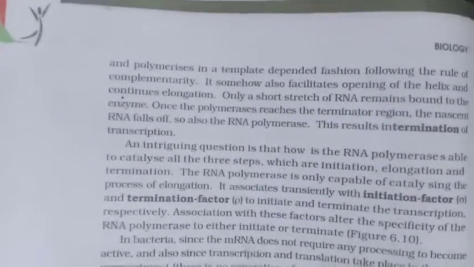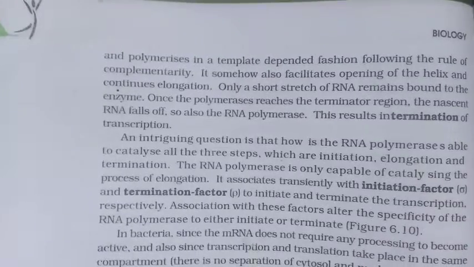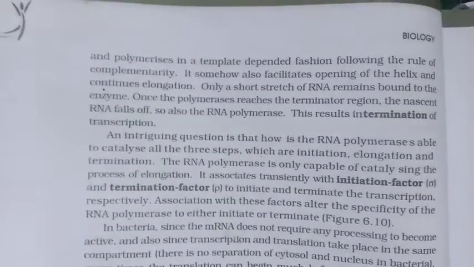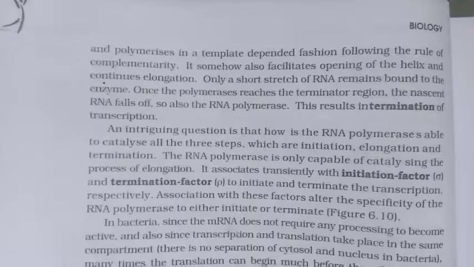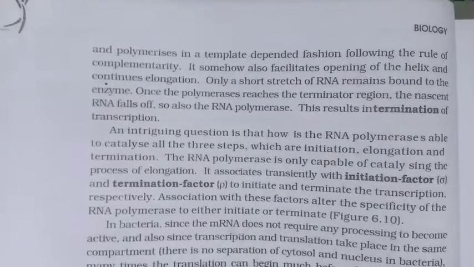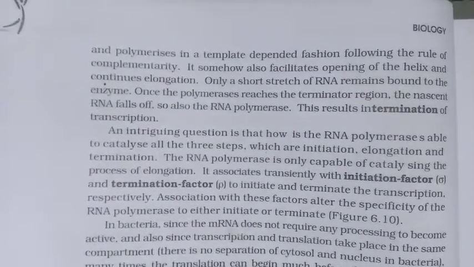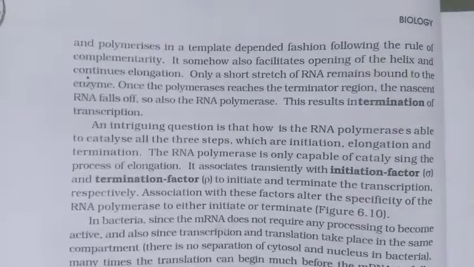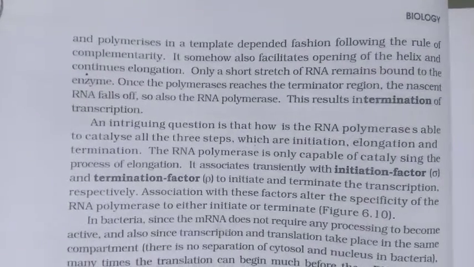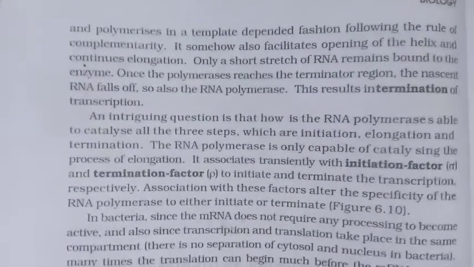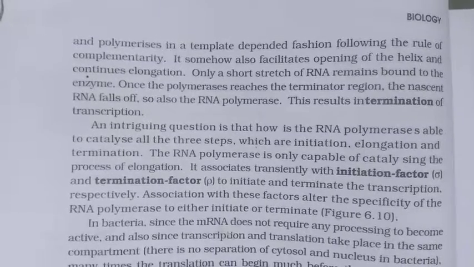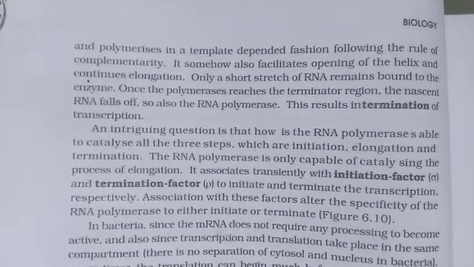Now the question arises here: is the RNA polymerase able to catalyze all three steps, which are initiation, elongation, and termination? The RNA polymerase is only capable of catalyzing the process of elongation.